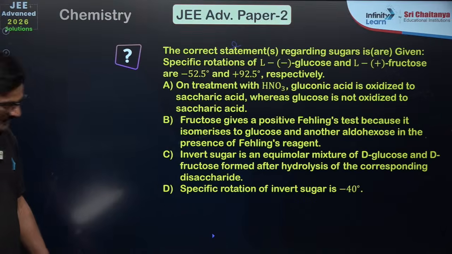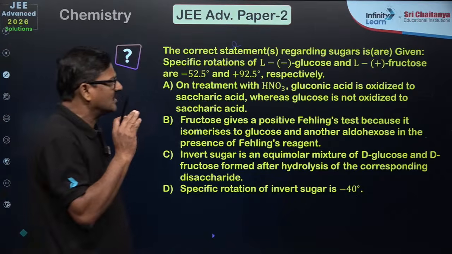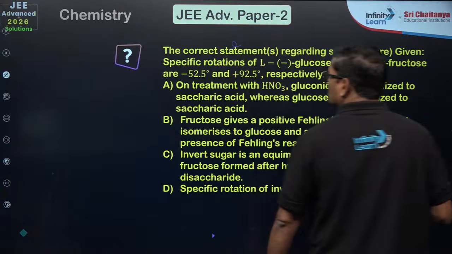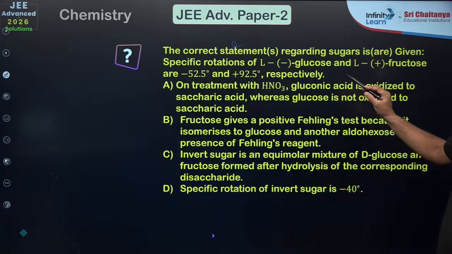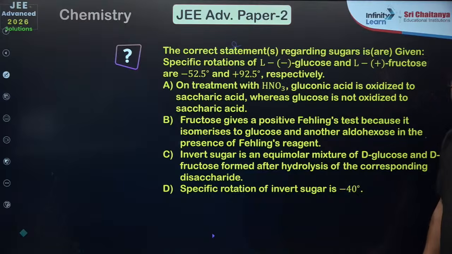Now it is going to be the correct statement regarding the sugars given. Specific rotation of L glucose and L fructose are given as minus 52.5 and plus 92.5 respectively.